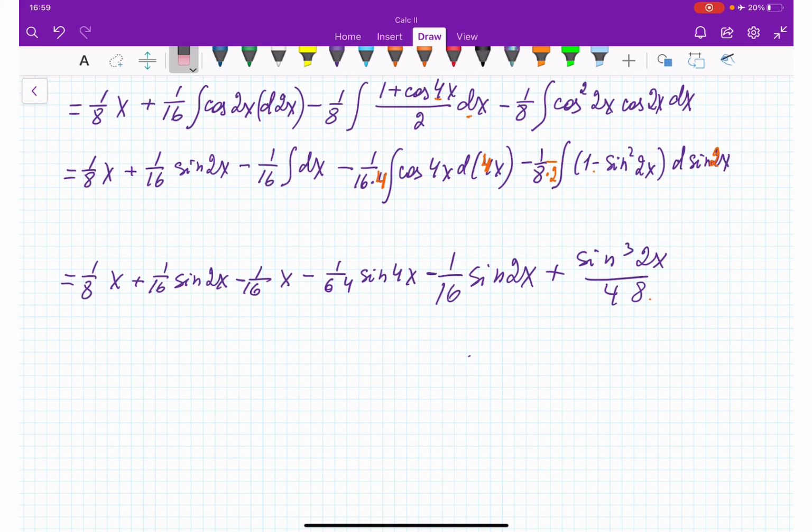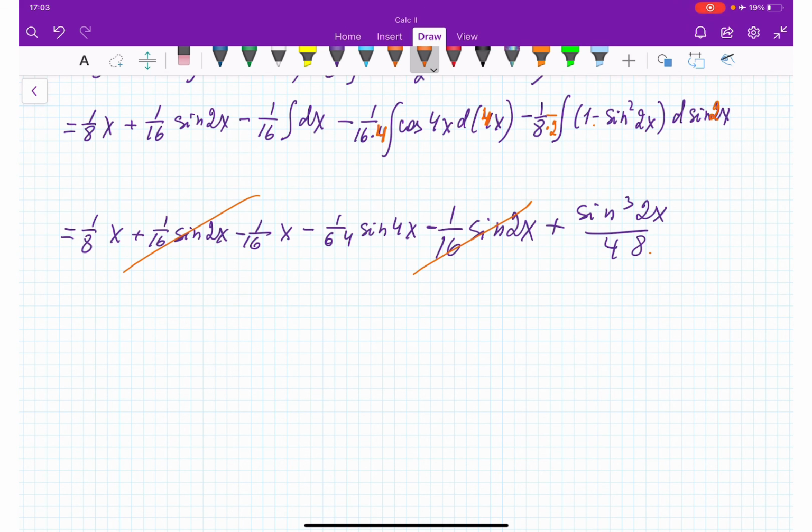Oh, we have like terms practically. It's 16x, negative 1 over 16 sine 2x. Okay, what do we have here? First of all, this one and this one cancel each other. And 1 over 8x and negative 1 over 16x are like terms.